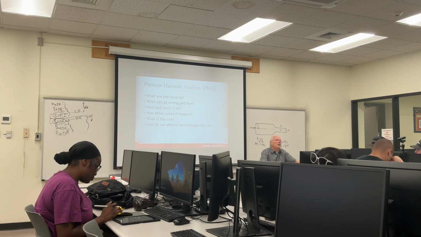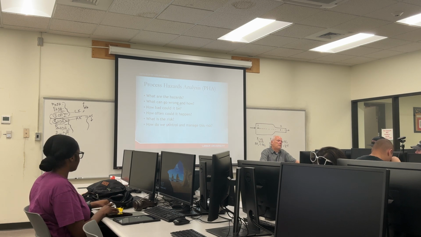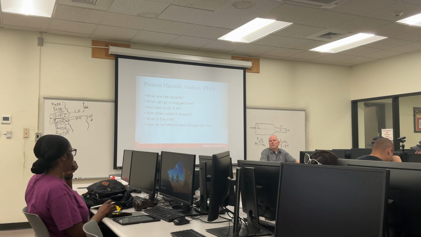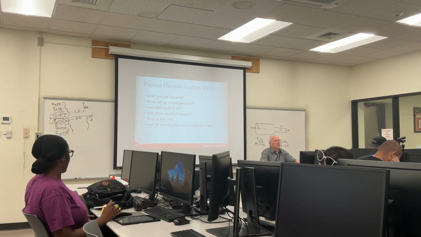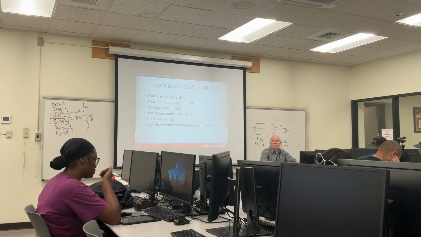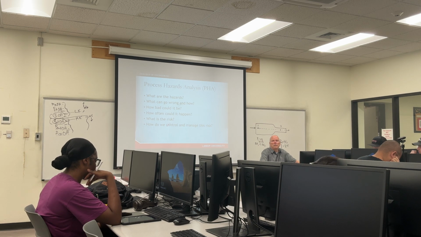And process safety management says you must do a hazard analysis, PHA. HAZOP is one of those, but it's not the only one. So we'll go through the slides and see what they say about it, and then there's an example in the text that we can talk about where they do a HAZOP.